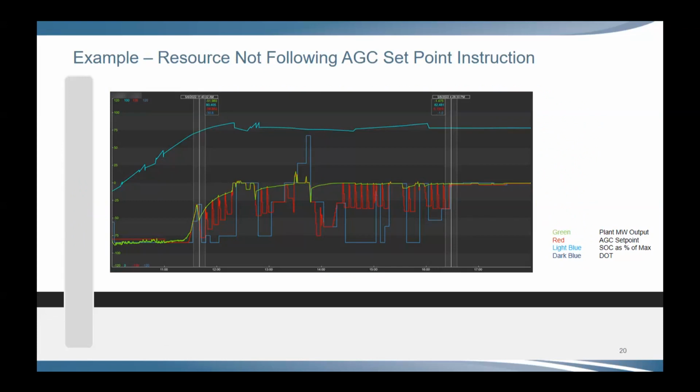Here are a couple of high-level examples of resources that are not following their instructions. As you can see by the different lines, the dark blue is the DOT that's been received.